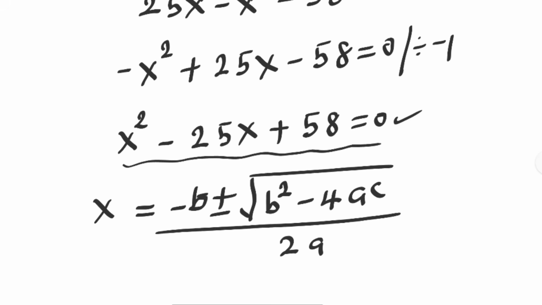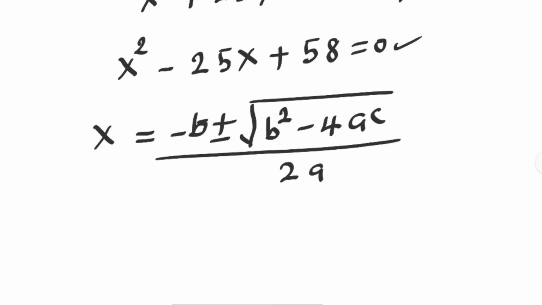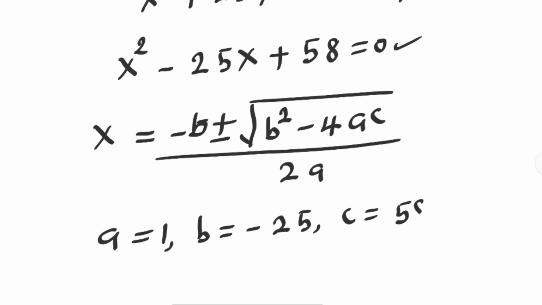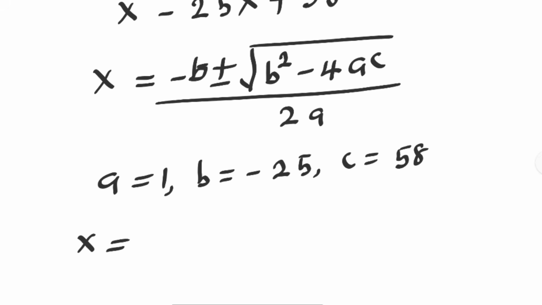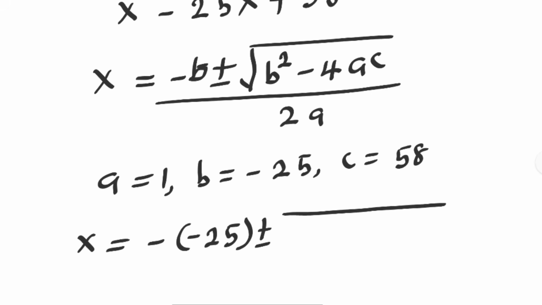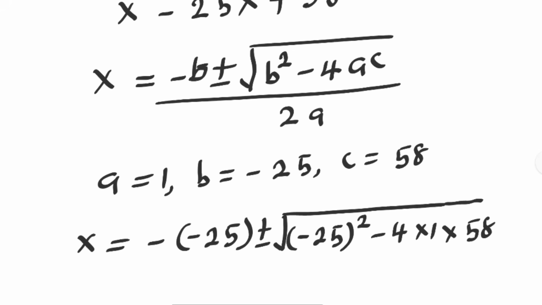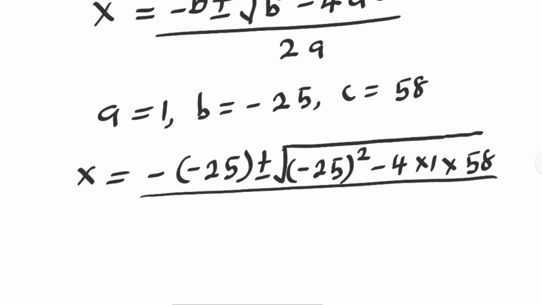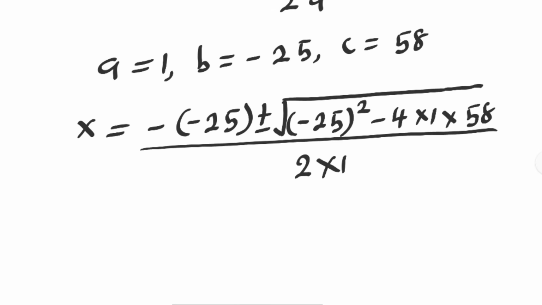And from this given equation, a is equal to 1, b is equal to minus 25, c is equal to 58. x is equal to minus bracket minus 25 plus or minus square root of minus 25 squared minus 4 multiplied by 1 multiplied by 58, divided by 2 multiplied by 1.